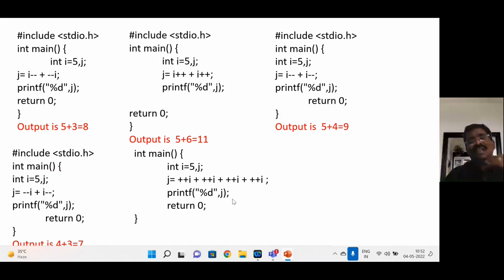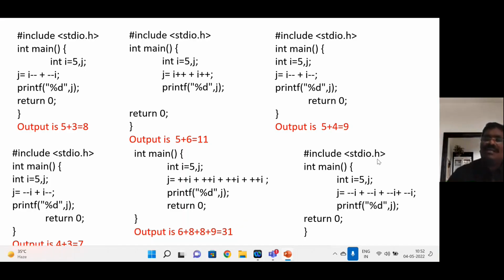But generally we think that it is 6 plus 7 plus 8 plus 9. But here the evaluation in the expression is different. With ++i we increment first, so that is 8. Here also first we take these operators, and the same value comes again, so we are getting 8, 8, 8.